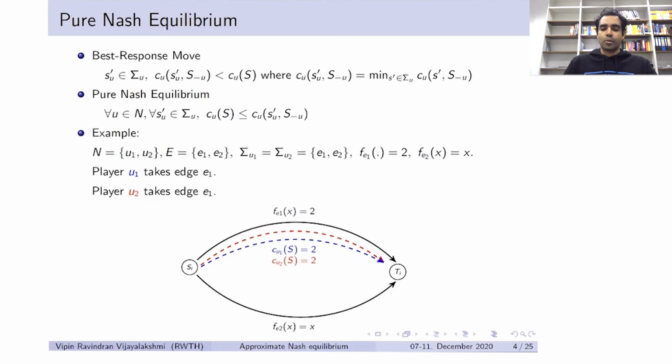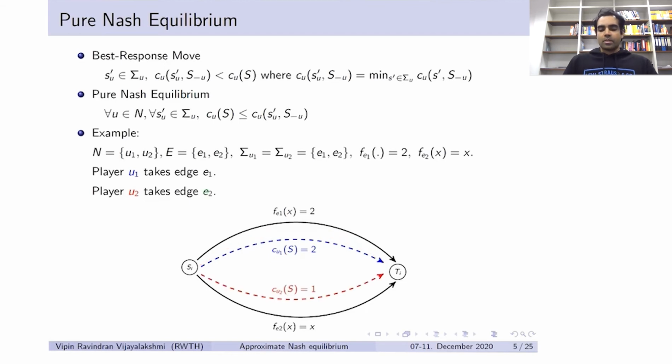Let's just say there are two players, a red player and a blue player, and in this particular state, both these players decide to use the top edge. Now, each of these players pays a cost of 2. However, this game is not in an equilibrium since, in fact, both of these players have a best response move. Let's say the red player decides to go to the bottom edge.